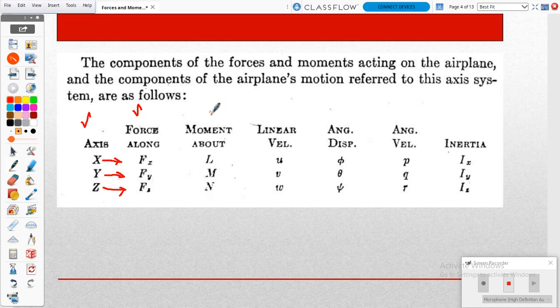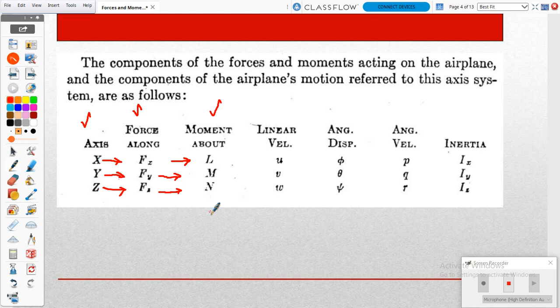Next, moment. What moments act on an aircraft? We can get it from the diagram also. For the x-axis we have one moment, denoted as capital L. For the y-axis we use capital M, and for the z-axis, capital N. Moment is nothing but force multiplied by the distance to a point, like the center of gravity.